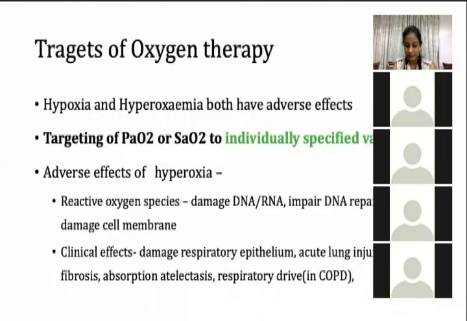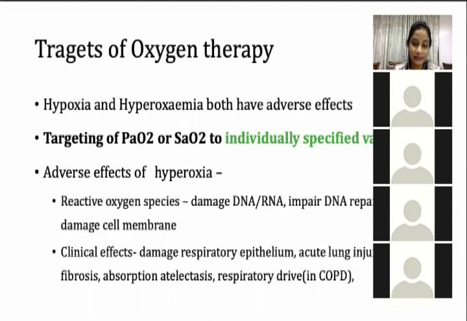So as I said, we need to set targets. That is because hypoxia and hyperoxemia both have adverse effects. I'm sure you don't have much experience with these aspects of medicine yet.